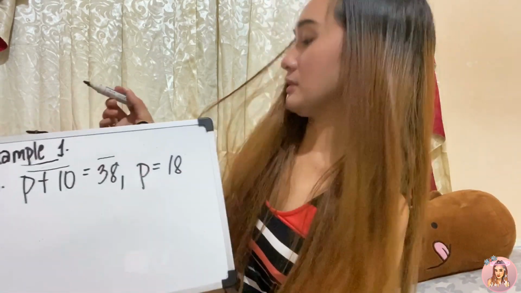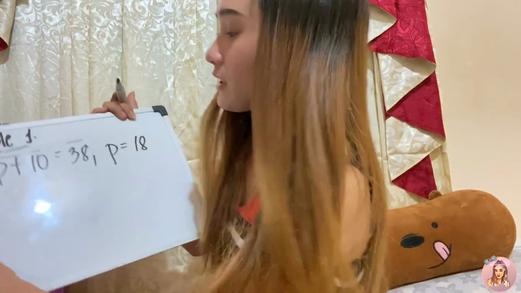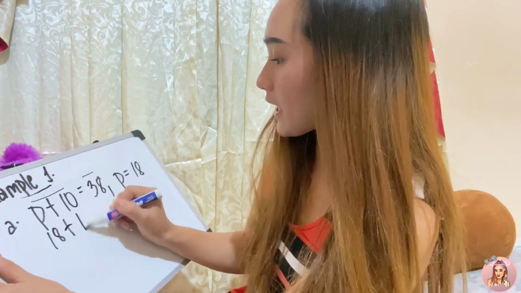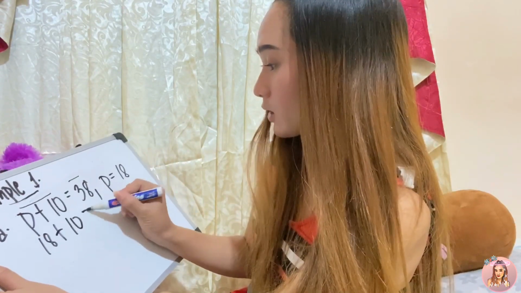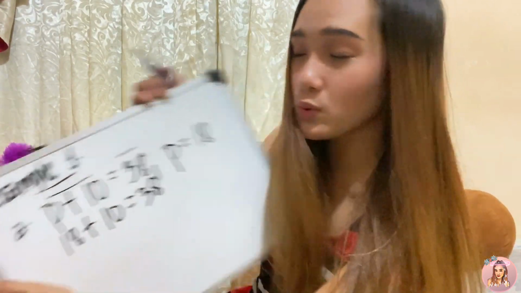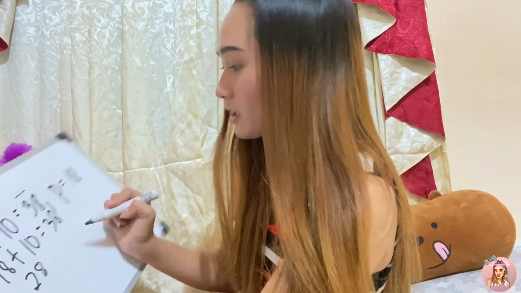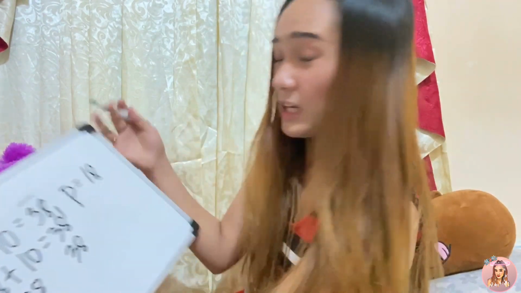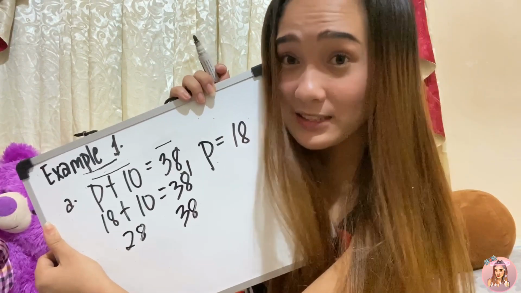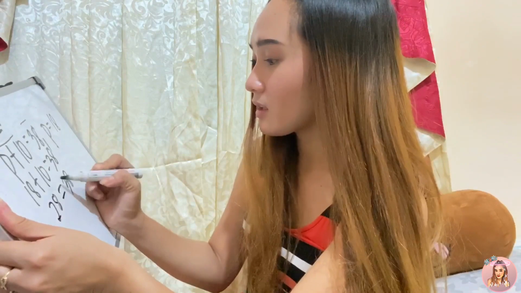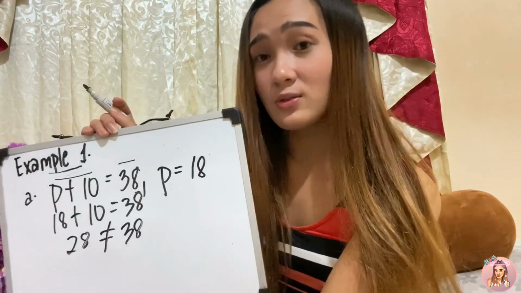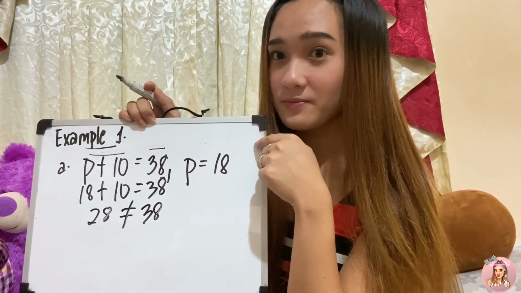So let's substitute P equals 18 plus 10, then equals 38. 18 plus 10 equals 28. Then bring down the 38. Is it equal or not equal? Yes, you're right. It is not equal. So this means that P equals 18 is not a solution to this equation.